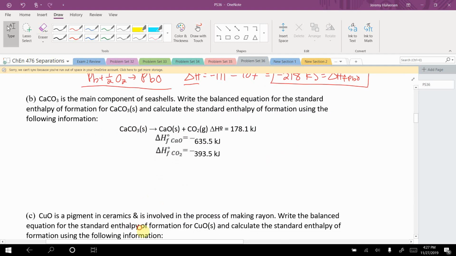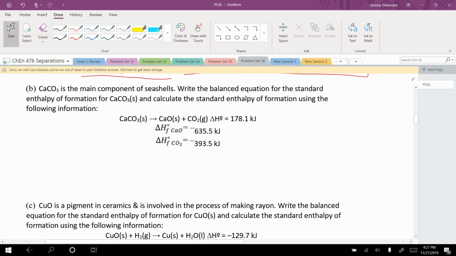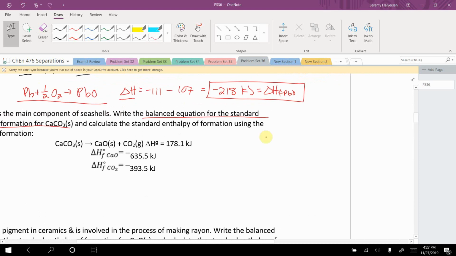Now part B. CaCO3 is the main component of seashells. Write the balanced reaction for the standard enthalpy of formation for CaCO3. All that's asking is to write the formation reaction for CaCO3. So let's do it. I know I'm making CaCO3 from its elements in its standard state.